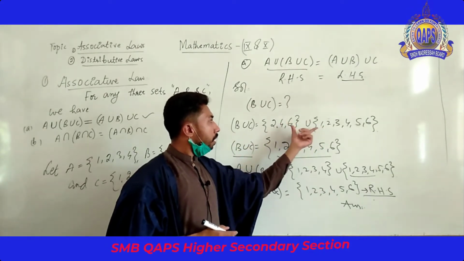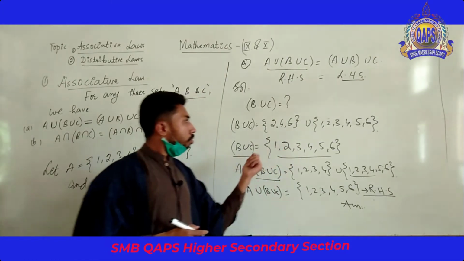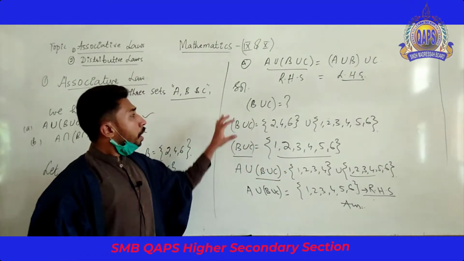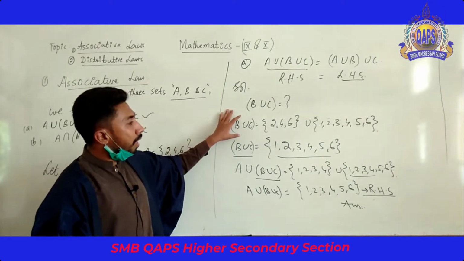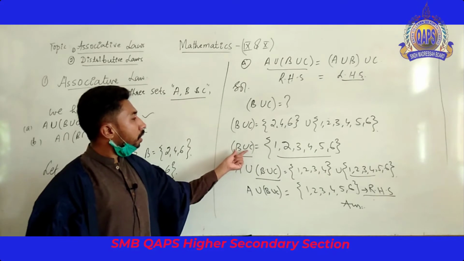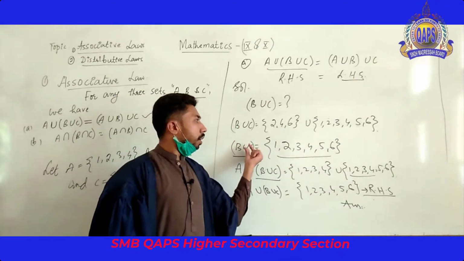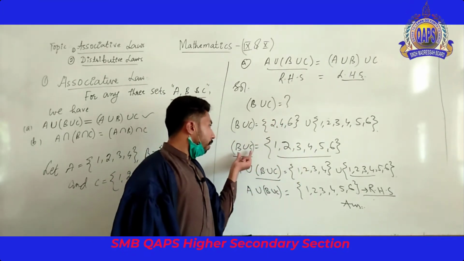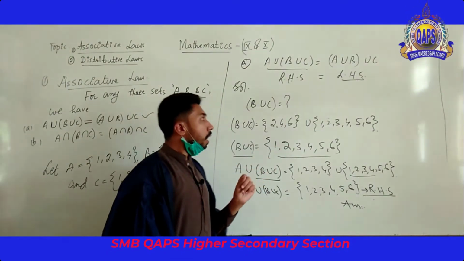So we combine them in union form, and this union contains 1 to 6 elements. So now we first solve this bracket of sets. This bracket contains 2 sets combined into a single set, B union C. So here this set is single.